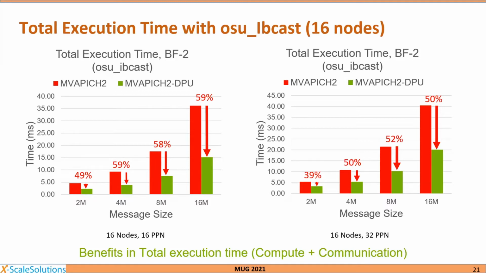As you can see here, the improvement is even more noticeable, and this gives us a foundation to build on for other variations of non-blocking collectives. Here you can see it's 50 or even 60%, depending on the benchmark as well as the system size and the ppn count.